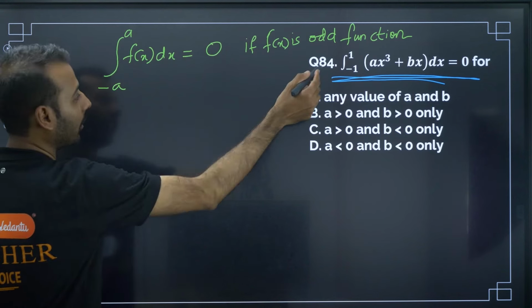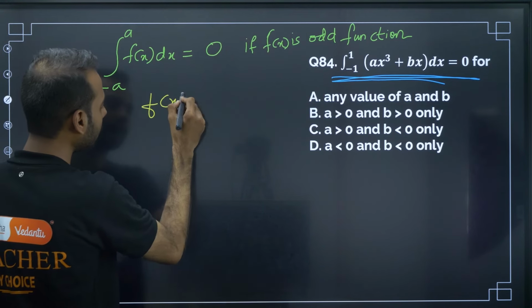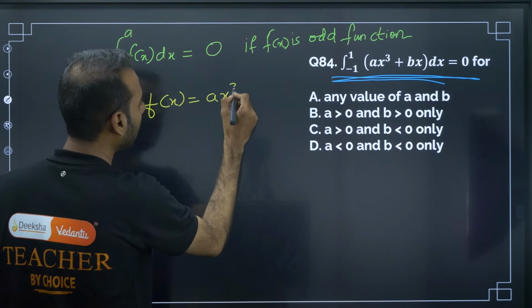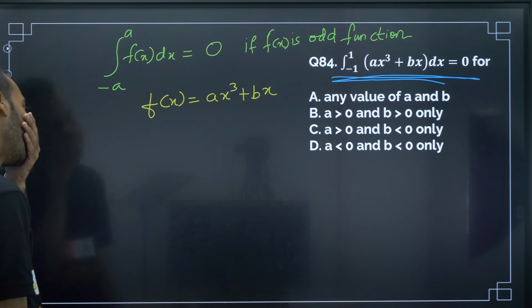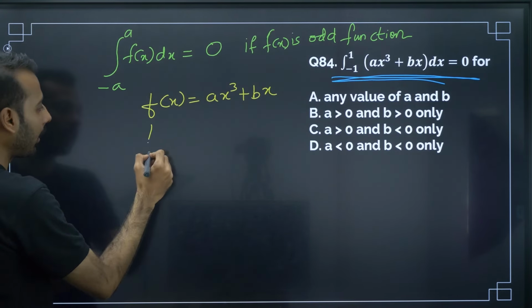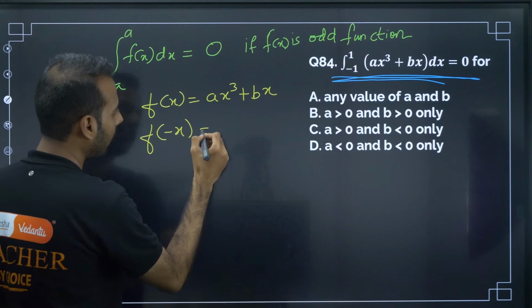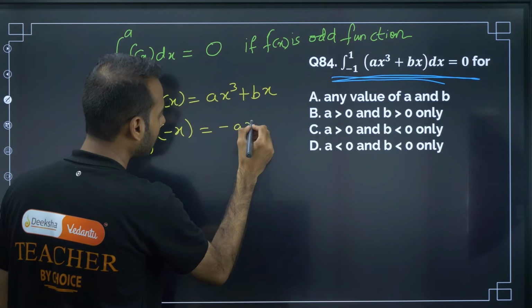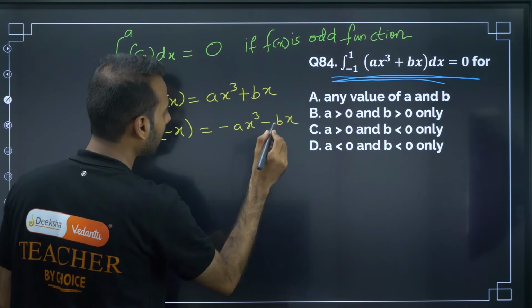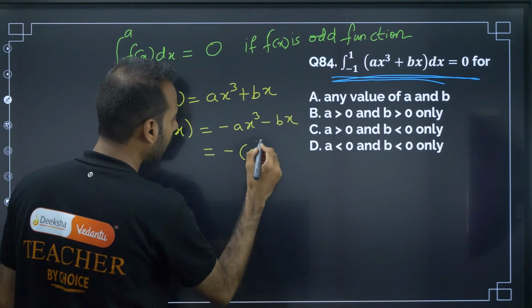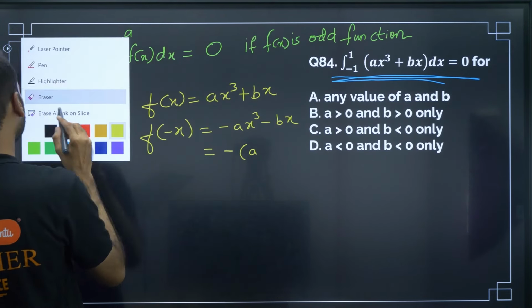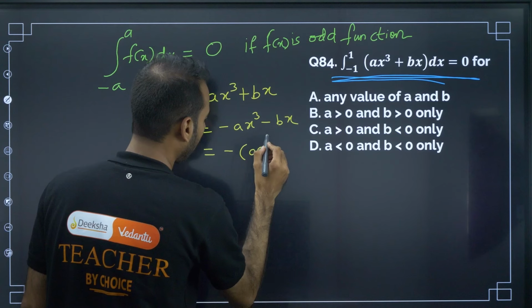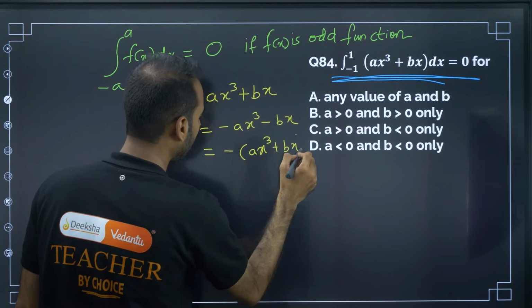Now if I observe this function, f of x is equal to ax cube plus bx. If I write f of minus x, this becomes minus ax cube minus bx, so this is minus (ax cube plus bx).